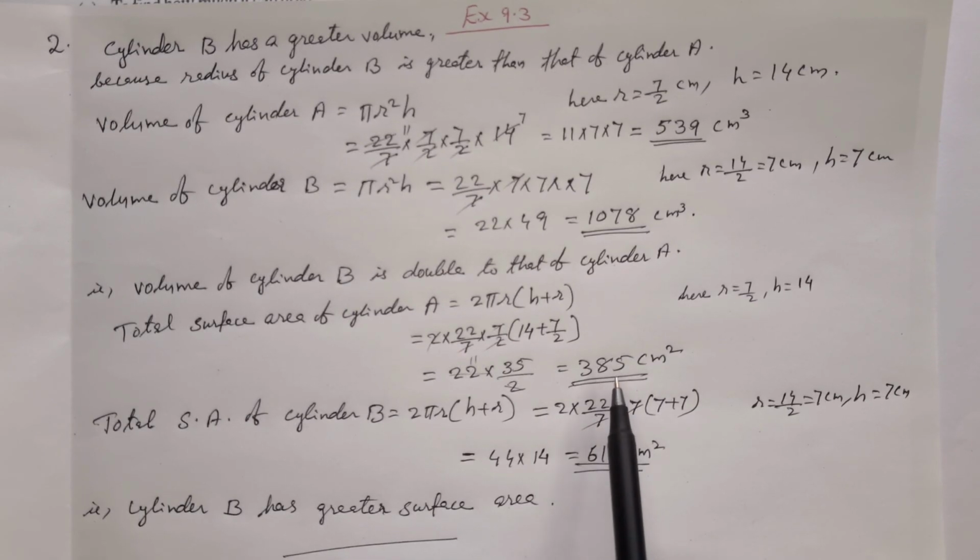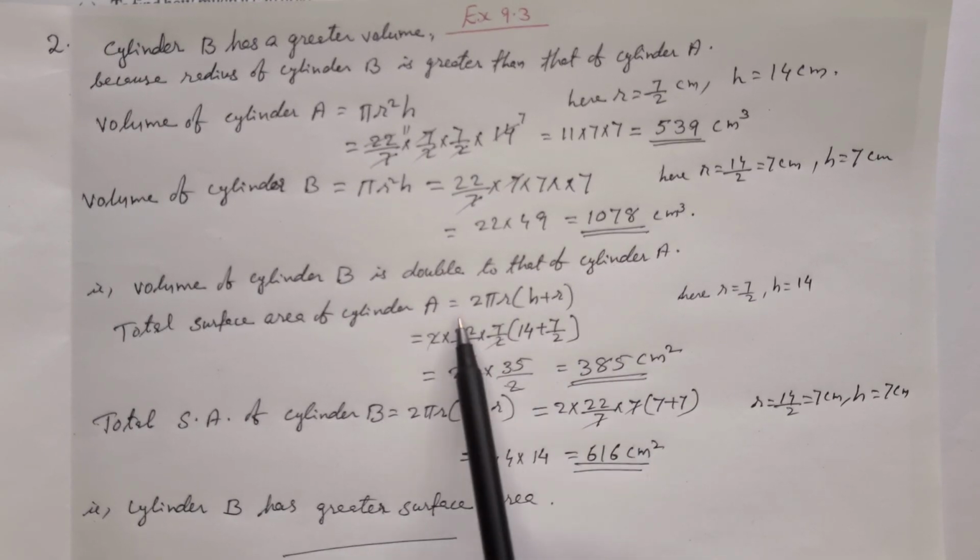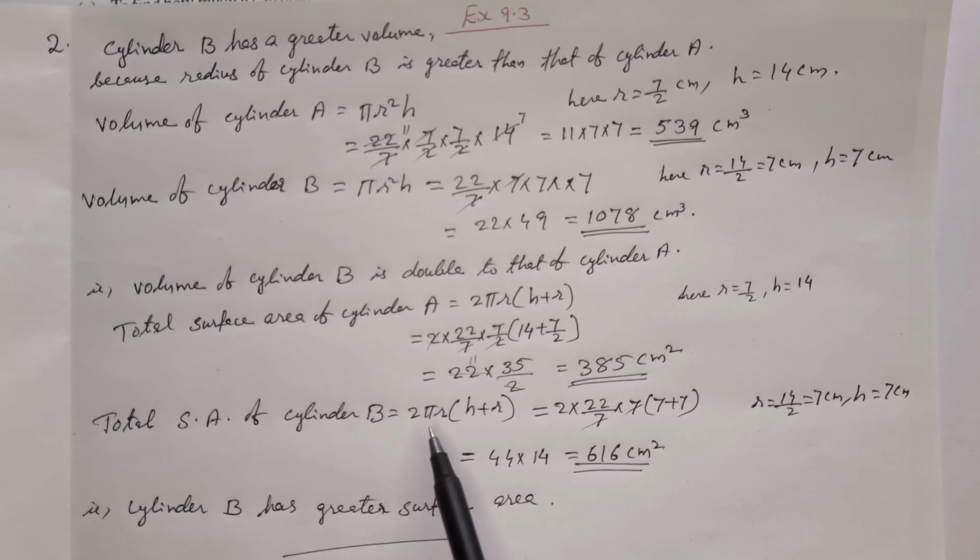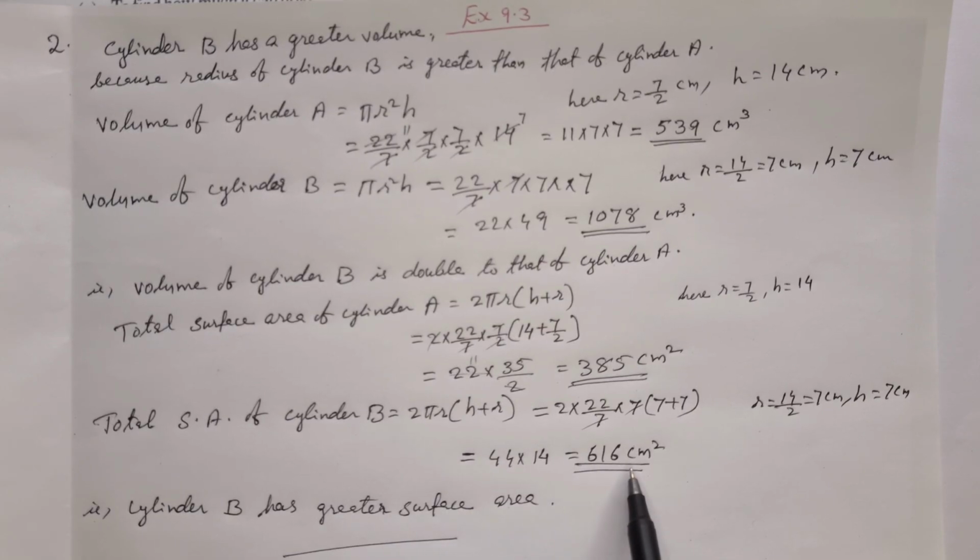So when we are comparing, the surface area of cylinder A is 385, cylinder B is 616. So here also we can write, therefore cylinder B has greater surface area. So in both volume and surface area, cylinder B is greater.